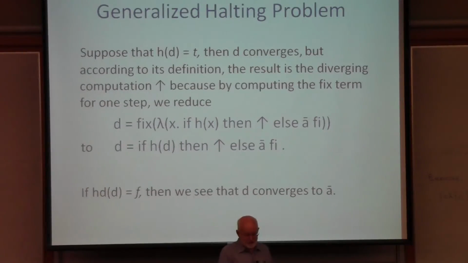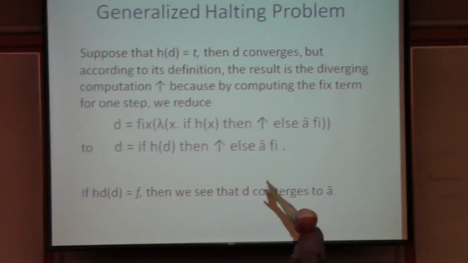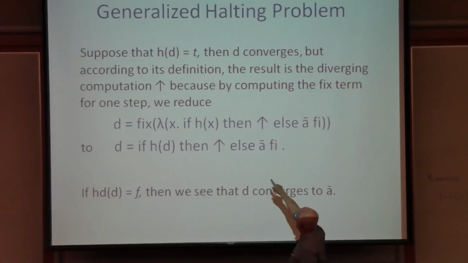Okay, so now let's suppose we have that function H that does its job. And what we'll do is take a look at its definition, and let's apply H to D and see what happens. Well, D is defined this way on the first line. That's the definition of D. So we see that it has the property that if H of D is true, then that function up there is going to diverge.